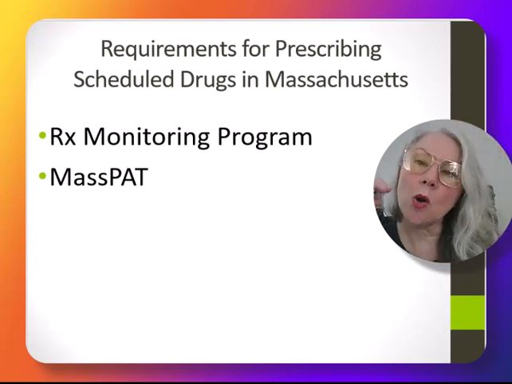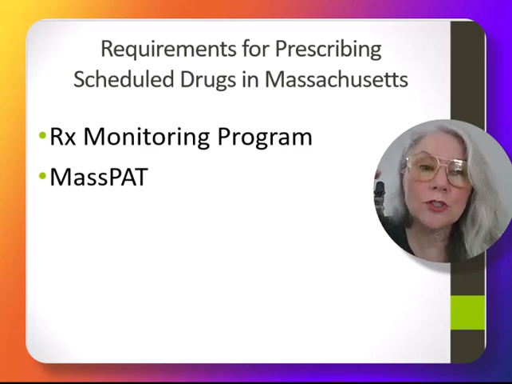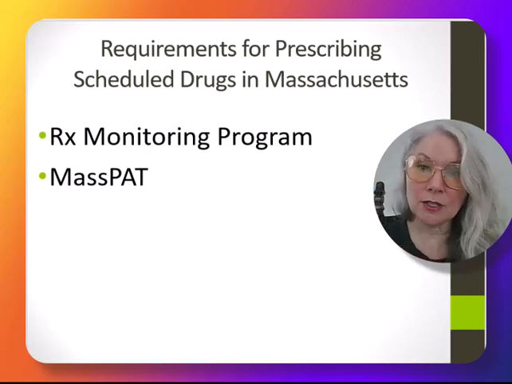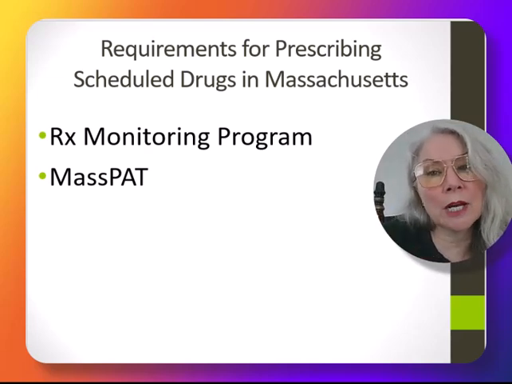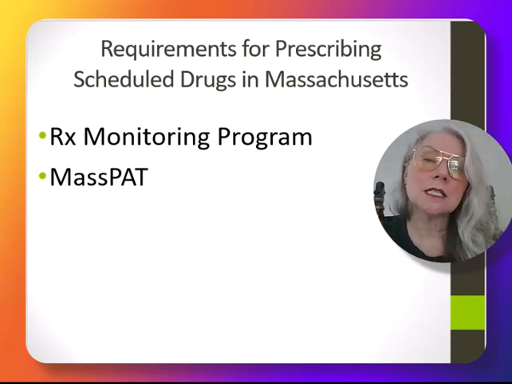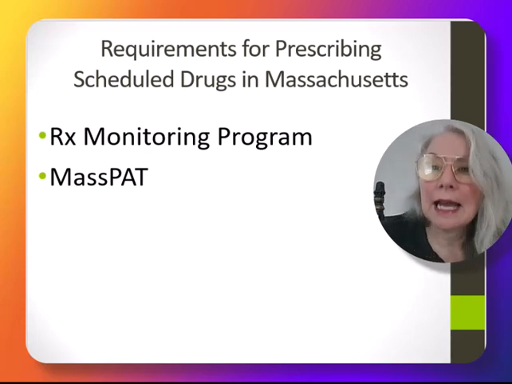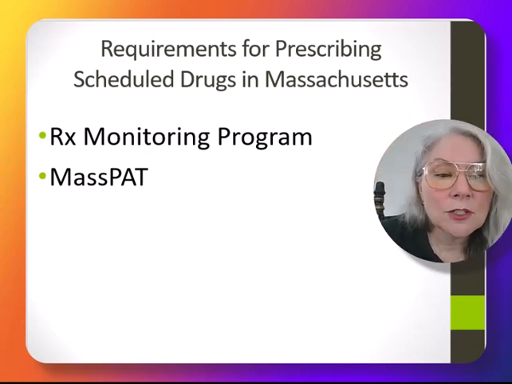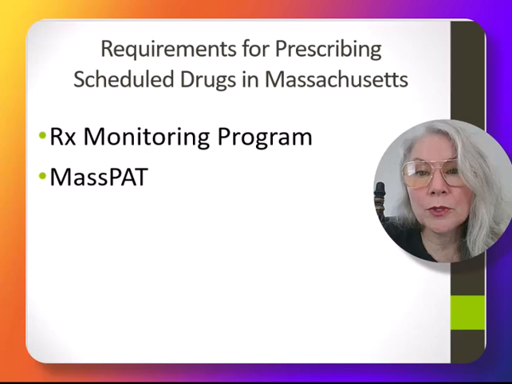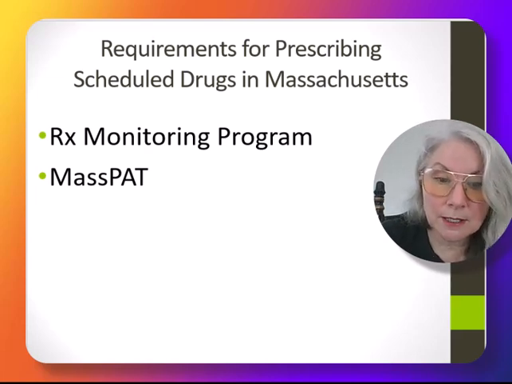You need to use that tool now whenever a patient is also prescribed a benzodiazepine, diazepam, Ativan, anything like that, any kind of benzo. So Massachusetts is battling the opioid epidemic on multiple fronts.